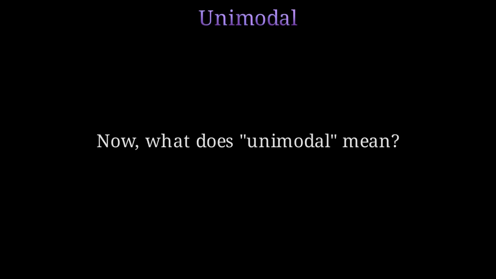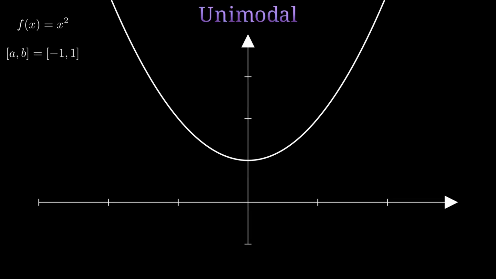It's very important. Let's take the example x squared and check whether it's unimodal on the interval -1, 1. We know that the minimum of this function occurs at the point x equals 0, and for the function to be unimodal, it must decrease until it reaches the minimum, and then start increasing.